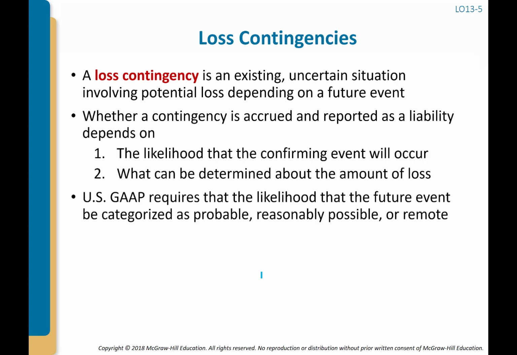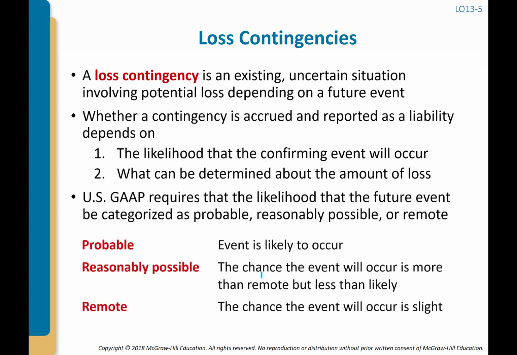Loss contingencies. What happens here? What GAAP requires is that we look into the future and see if we are going to suffer losses. And if those losses meet certain conditions, we will literally have to book that loss immediately, right?